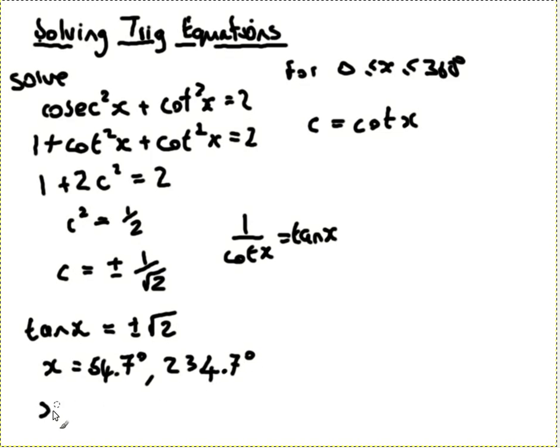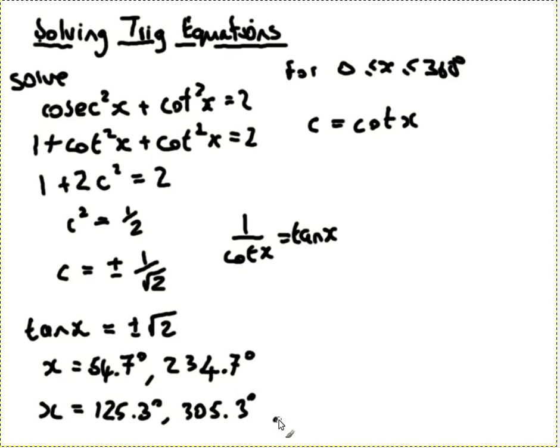But if I now look at negative root 2 and do inverse tan, I get negative 54.7, and that's because minus tan x is tan of minus x, because tan is an odd function. But I get, yes, minus 54.7, add 180, I get 125.3, and then add 180 again, and I get 305.3. And I haven't missed any solutions, which is lovely.